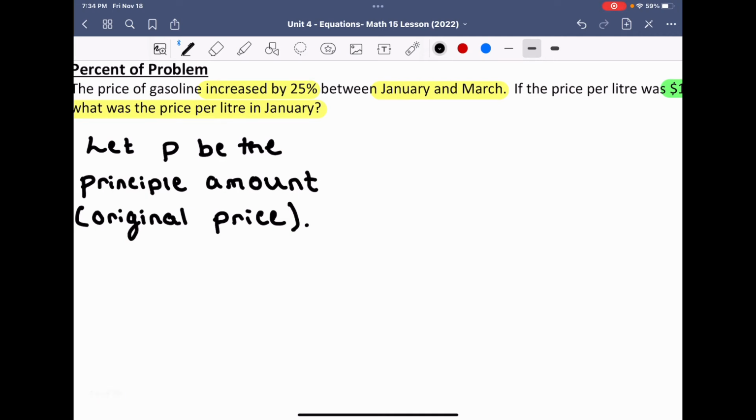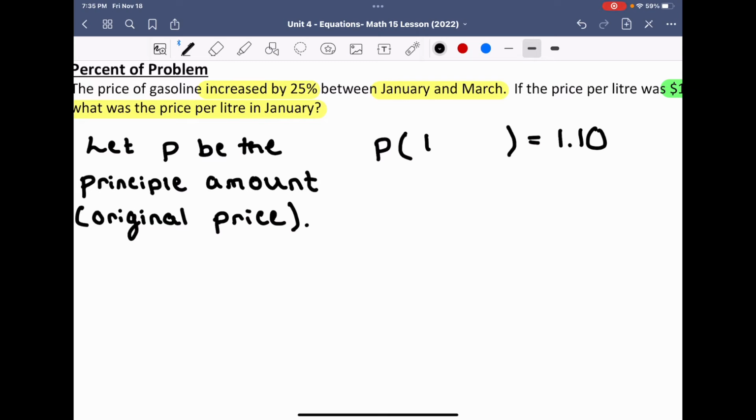If I take P and I multiply it by some amount of percentage, we should realize that that percentage should multiply by the principal, or that original amount, to increase the price to $1.10. Now, 100% we know is 1. 1 over 1 can represent 100%.